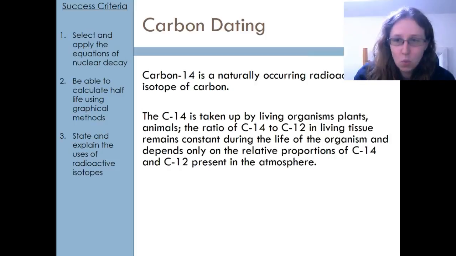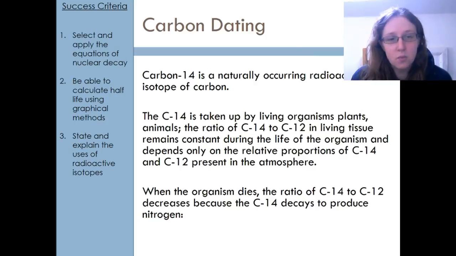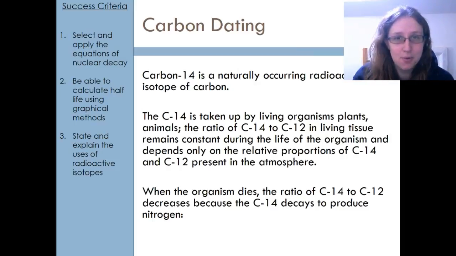Once the organism dies, the ratio of carbon-14 to carbon-12 will decrease, because it's no longer taking in carbon, and the carbon-14 decays. So we can look at how much carbon-14 to carbon-12 is left in a sample, and that will give us an idea of when it died.